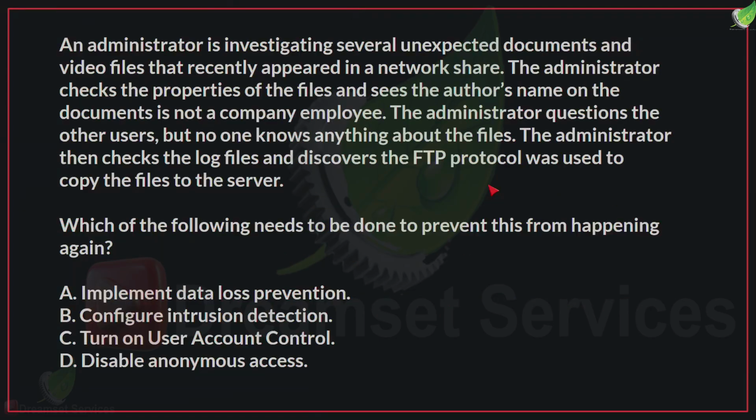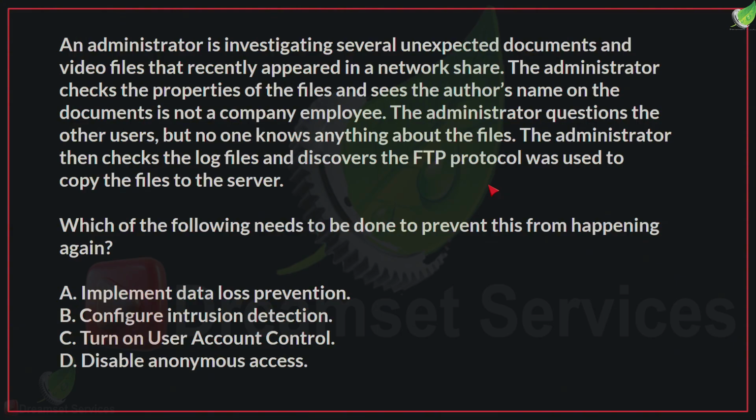An administrator is investigating several unexpected documents and video files that recently appeared in a network share. The administrator checks the properties of the file and sees the author's name on the documents is not a company employee.